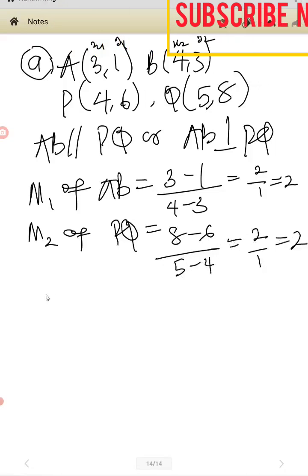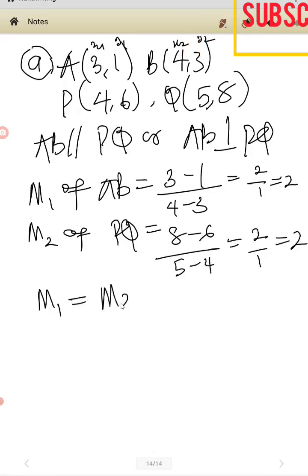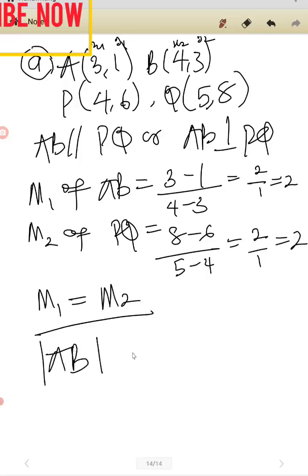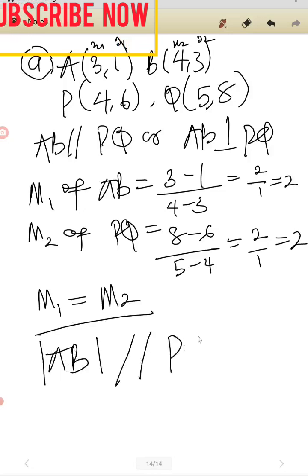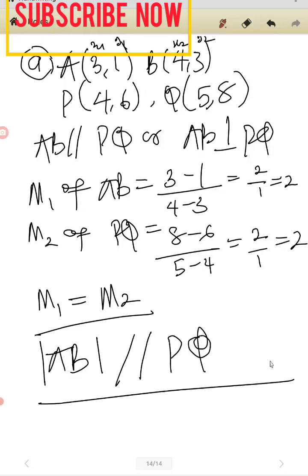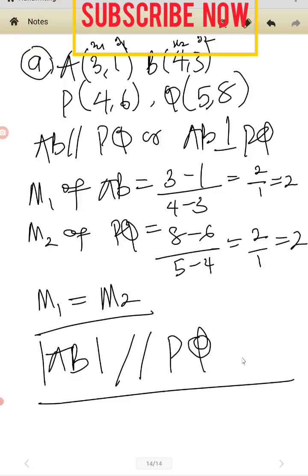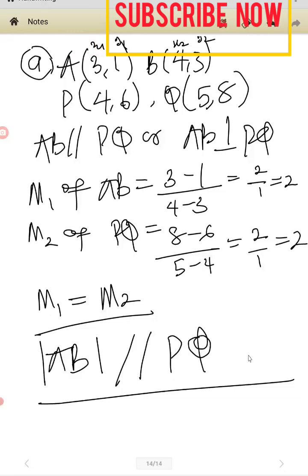If you notice now, you discover that M1 is equal to M2. That is, gradient 1 is equal to gradient 2, meaning that the line AB is parallel to line PQ. So these two lines are parallel. That is just the meaning of what we are solving.